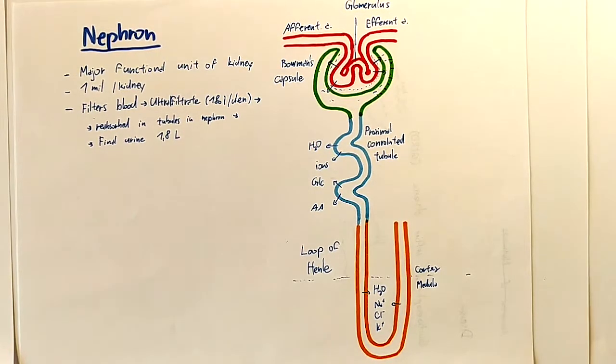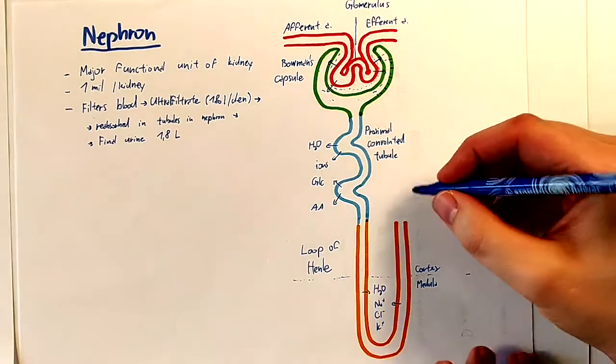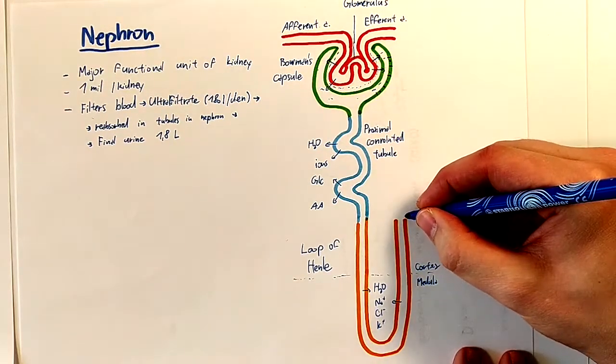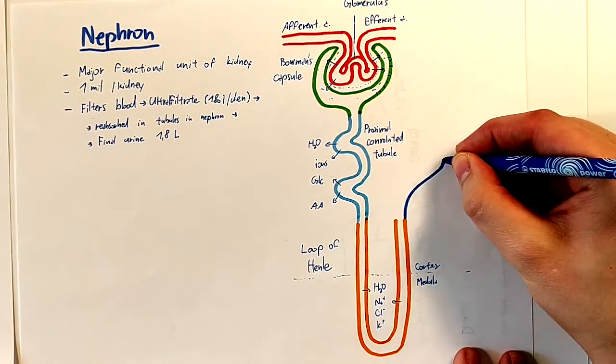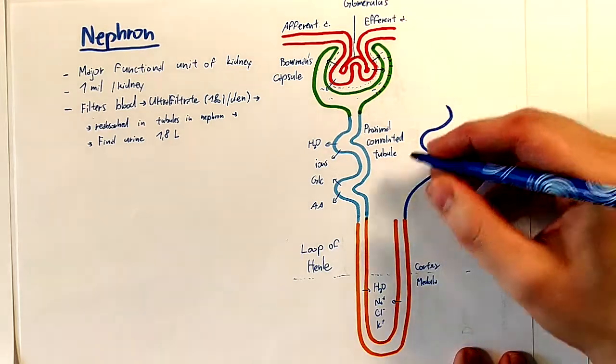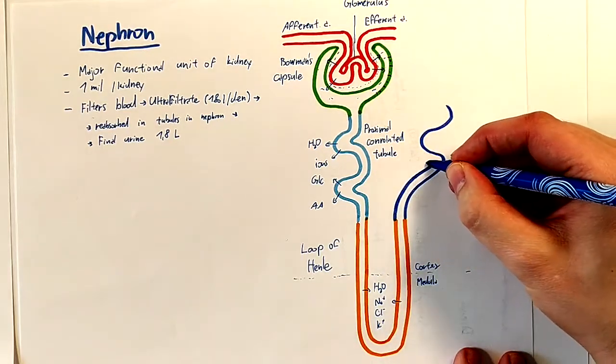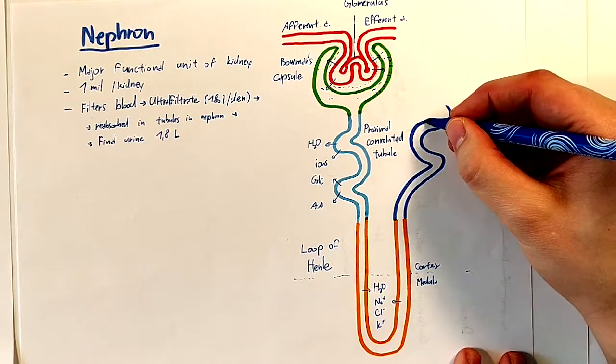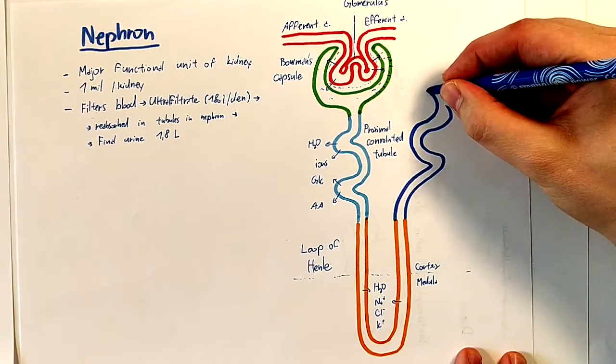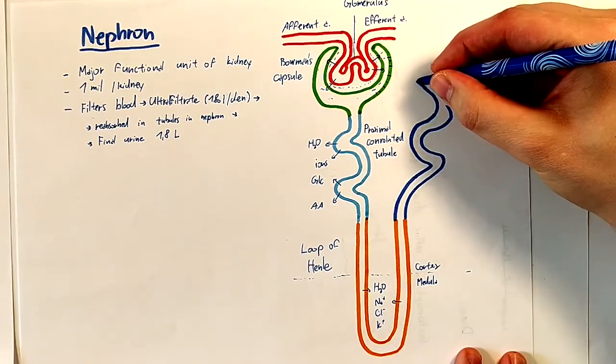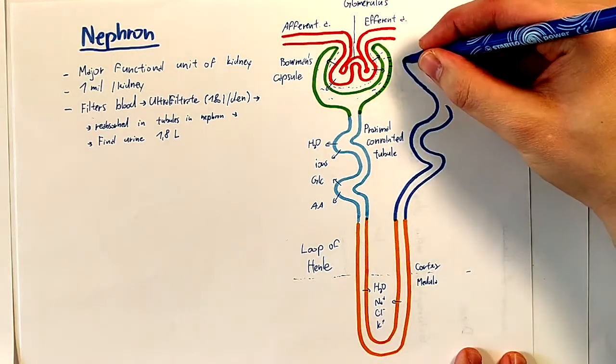Okay, so now on to the next part, that will be the distal convoluted tubule. So the distal tubule also comes really close to both the Bowman's capsule and the efferent arteriole. I will tell you why.